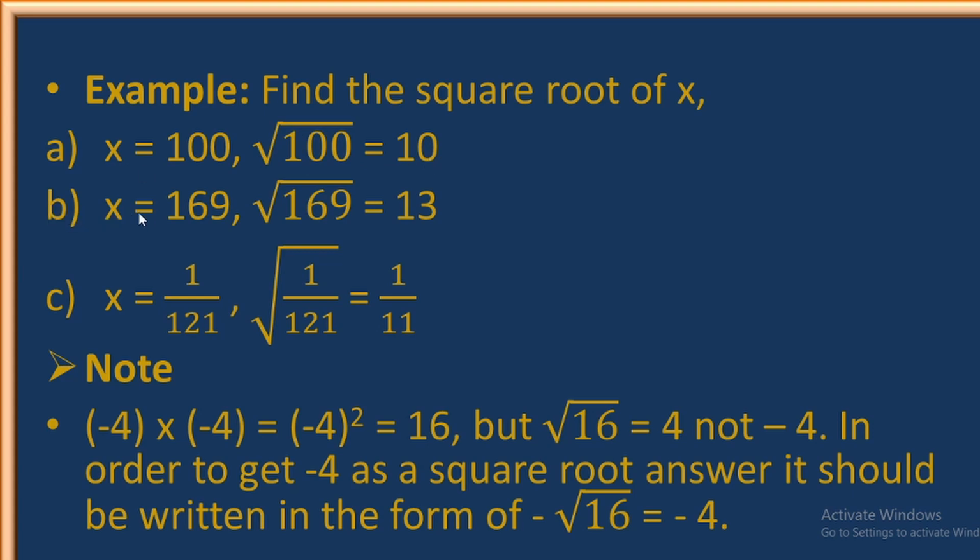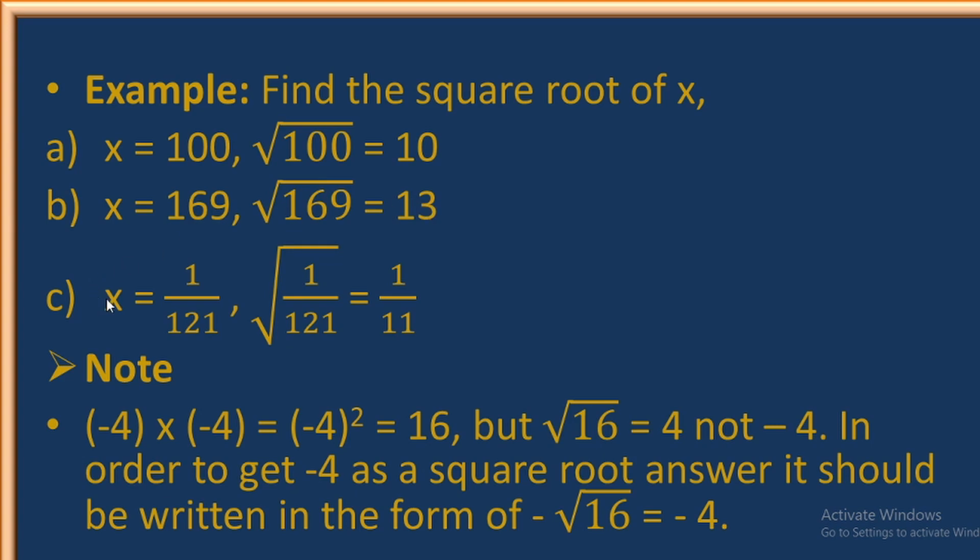B, x is equal to 169. To find this one, we have to find the number that multiplied by itself gives 169, and it can be written as the square root of 169, which is 13.